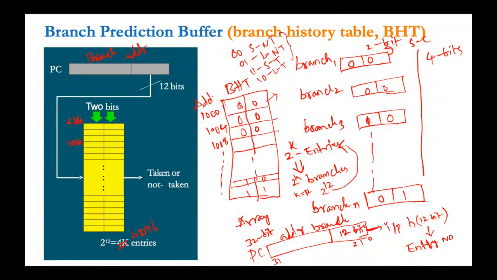Good. If it is 8 bits, suppose. Good, correct, that's right. So this is how we work out how many branches are in our program and how they can be accommodated in the branch history table. So this is the case of maintaining the branch history table.